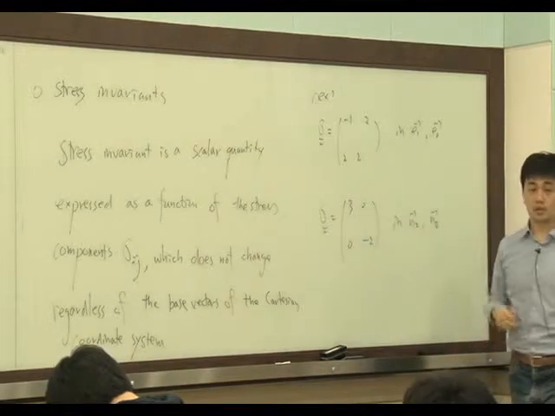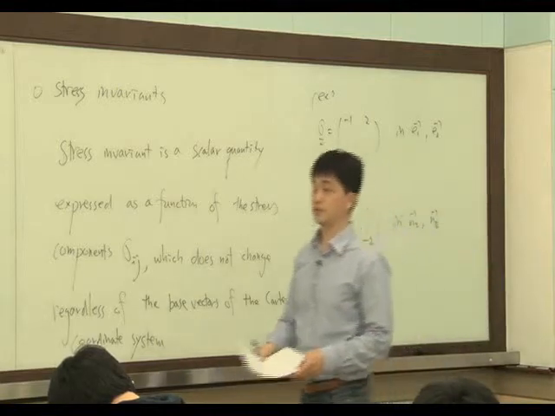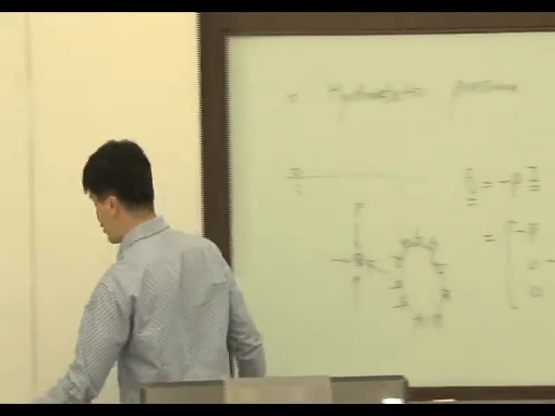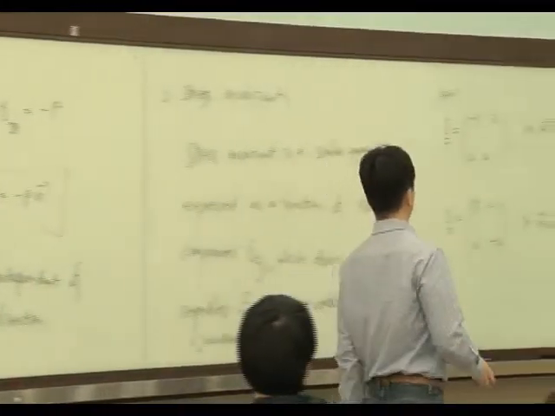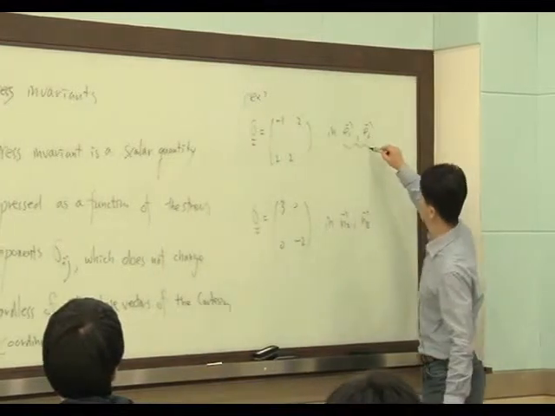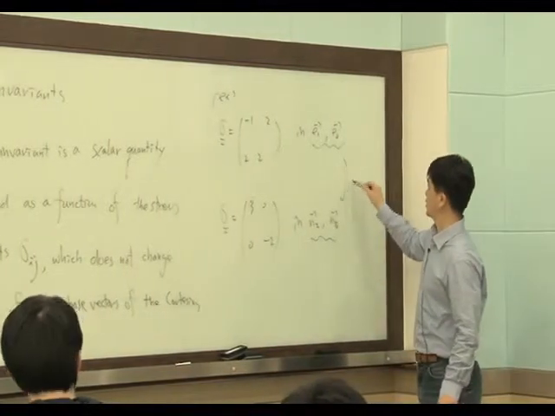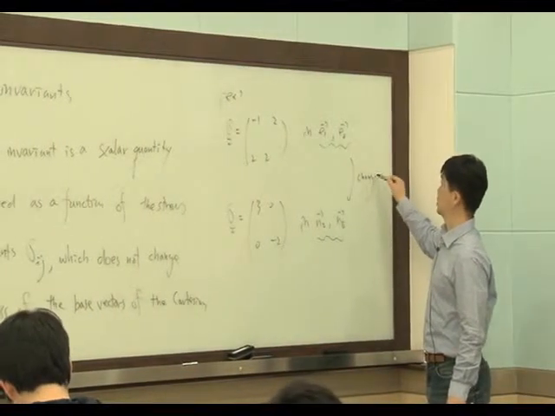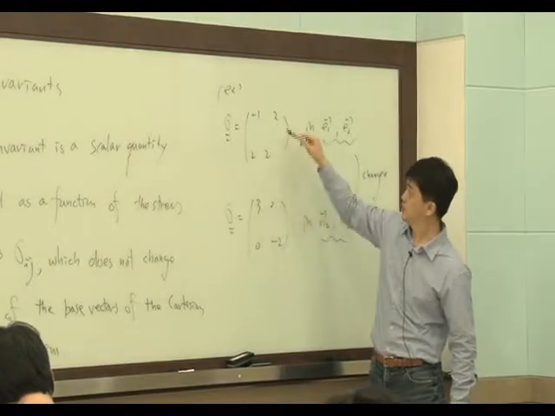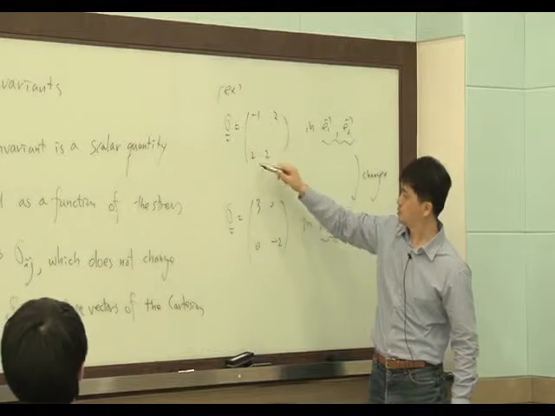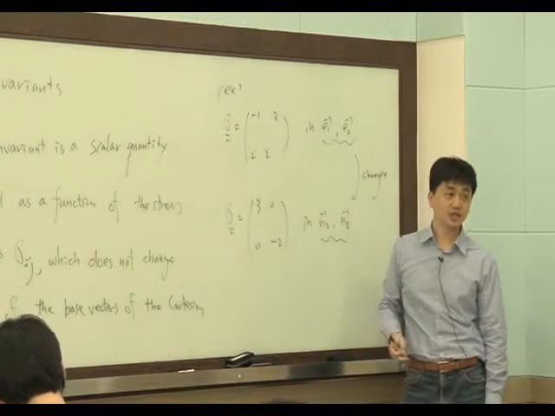So we already know the components of stress change when we change the coordinate system. The coordinate system is changed and the components also changed. -1 becomes 3, 2 becomes 0, 2 becomes 0, 2 becomes -3, right?